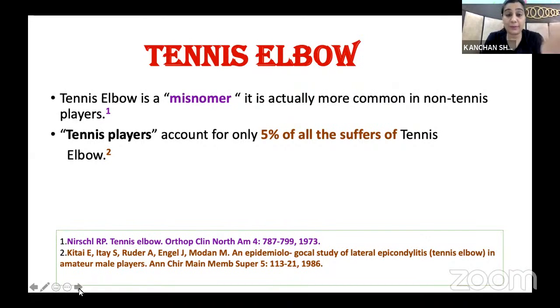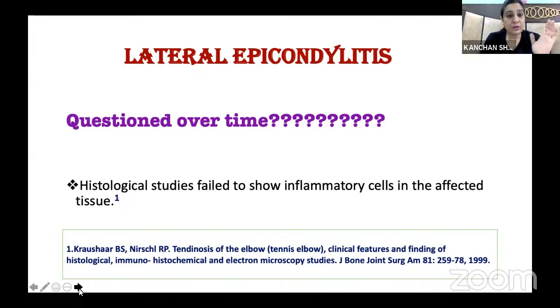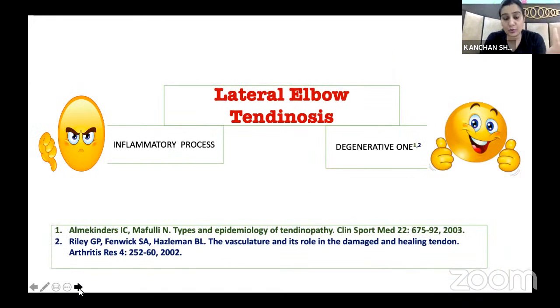Even people who play golf also get tennis elbow. So lateral epicondylitis is a misnomer. We should not be using it because there are no inflammatory cells in the affected tissue. It is better to call it lateral elbow tendinosis.